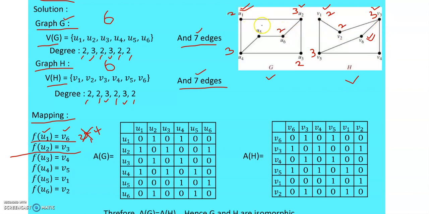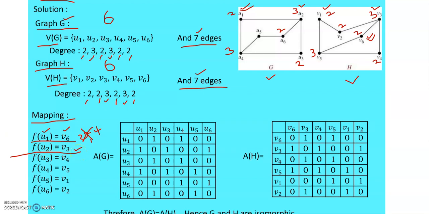Now for v3, the adjacent are three vertices also. So for the vertex u2, 3 adjacent vertices, that is u1, u6, u3, with degrees 2, 2, 2. Similarly here for v3 we have v2, v6, v4. Here vertex having degree 2, here degree 2, here degree 2. So now okay, we can map u2 and v3. That's why we are writing here f of u2 is equal to v3.